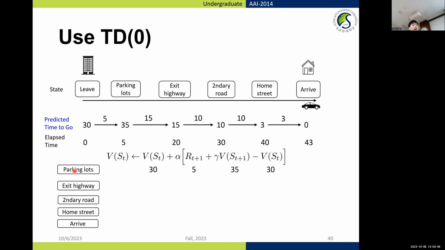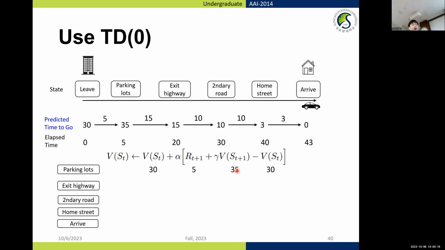So for the first time, when we reach the parking lot, the first state is leave, the next state is parking lot. Our reward is 5 because we spent 5 minutes, plus gamma, the discount rate, which we just consider 1 for simplicity. Then the current state we estimate is 35.